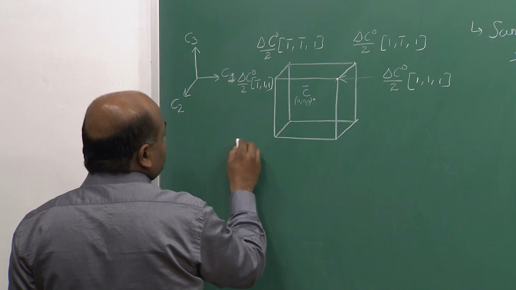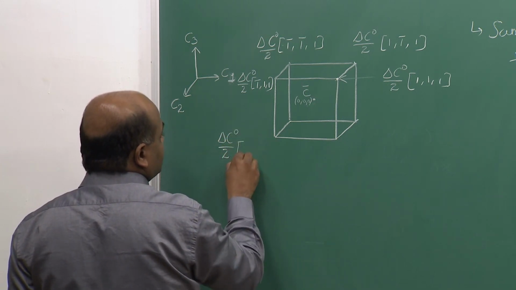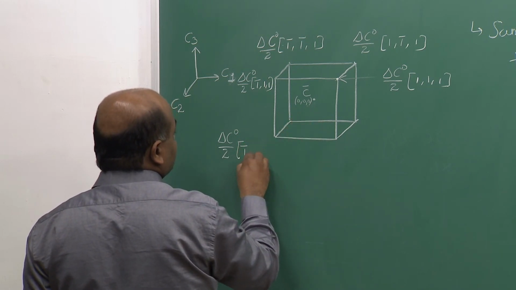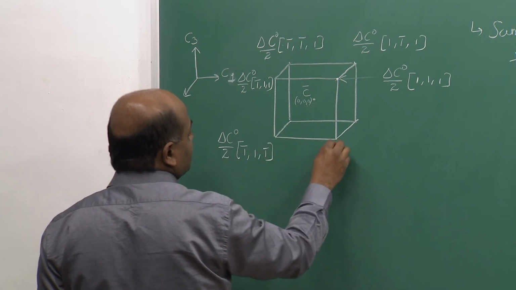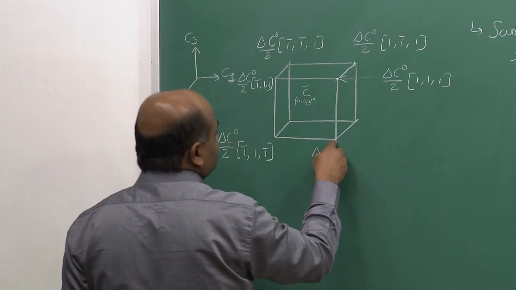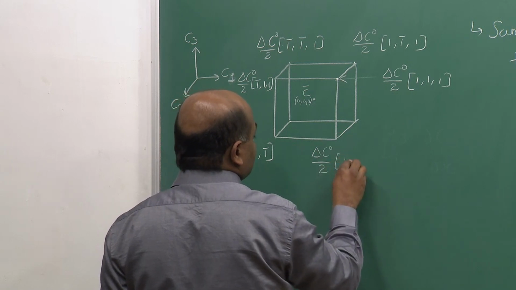Then this will be delta C0 by 2 (bar 1 bar 1 bar 1).